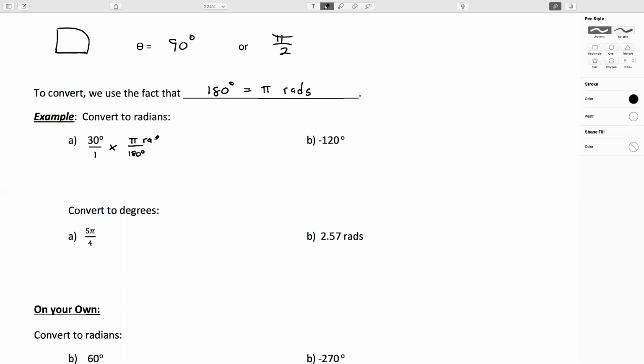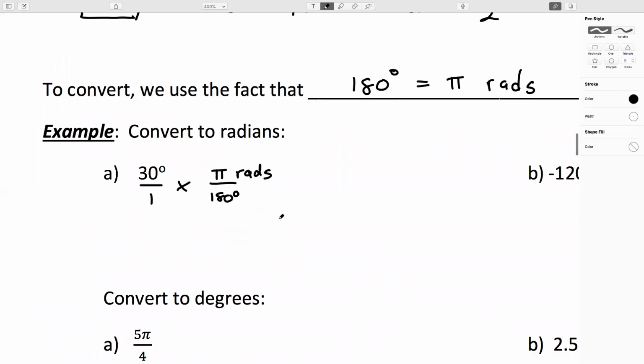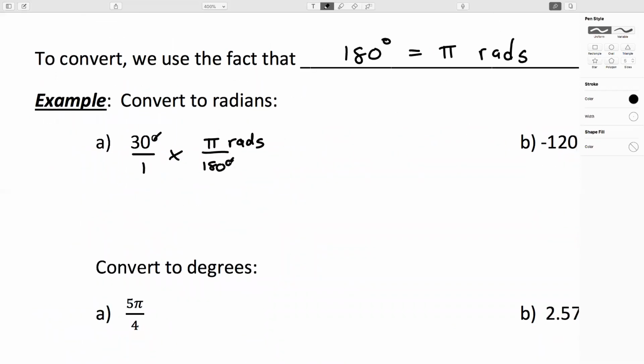Pi is in radians, 180 is in degrees, and we can now cancel out the degrees and our units are in radians. If you were converting from radians to degrees, you'd be multiplying by 180 over pi. So 30 times pi over 180 works out to pi over 6 radians.